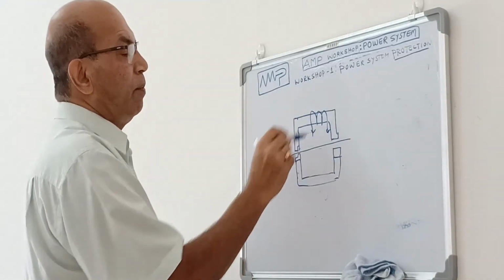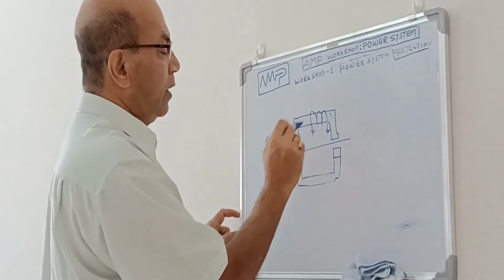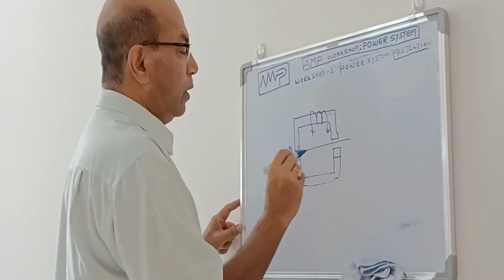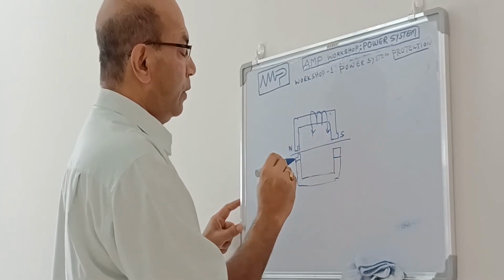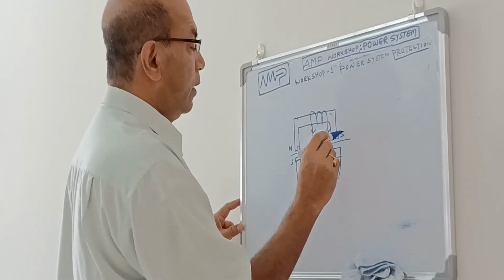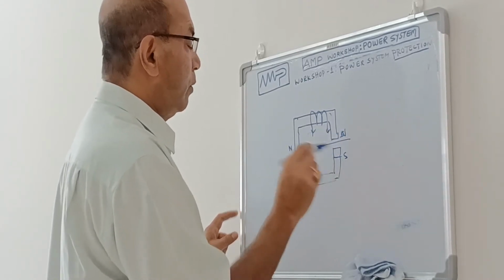Now, when this current passes through this magnetic core, a magnetic field is produced. Suppose this is producing a north pole and this is producing a south pole. Okay, then this is a separation, this is a south, this is a north pole, and this is a south pole.